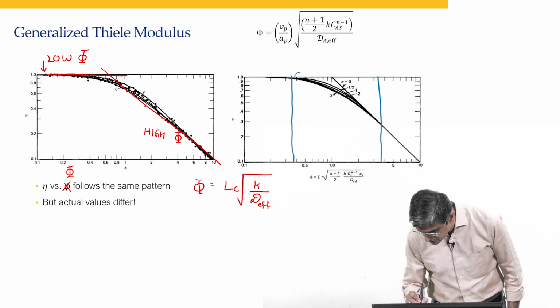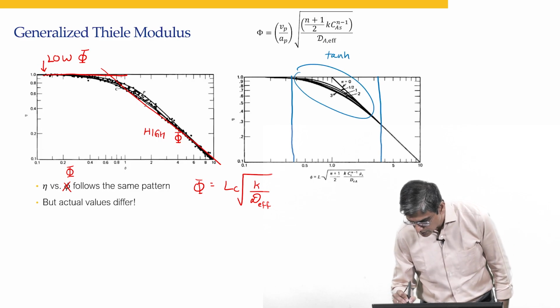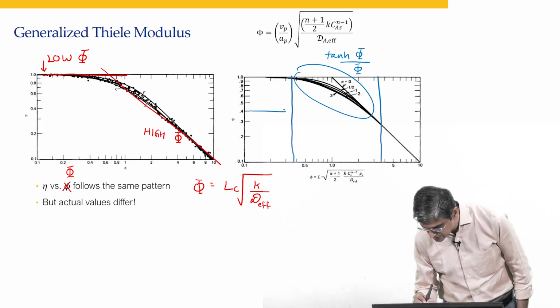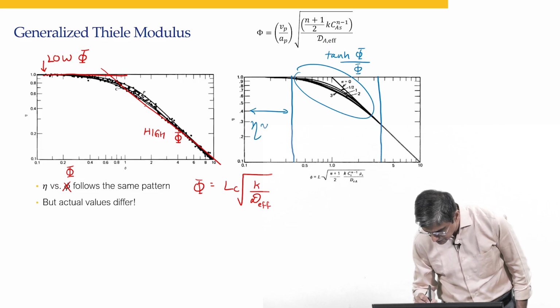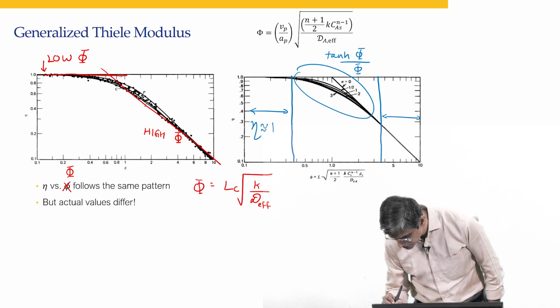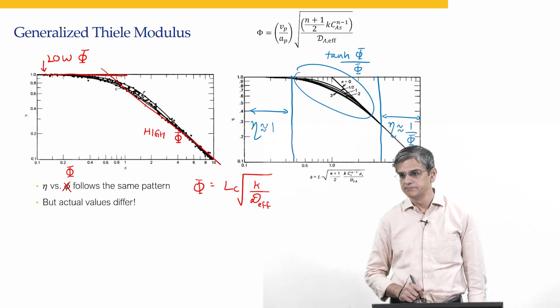In this region, you have to calculate tanh phi divided by phi. In this region, eta is approximately 1. In this region, eta is approximately 1 by capital phi.